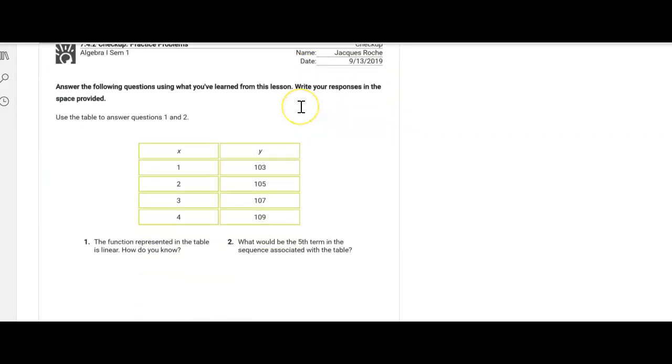So let's look real quick at the checkup problems. All right, and looking at this, the function represented in the table is linear. How do we know?